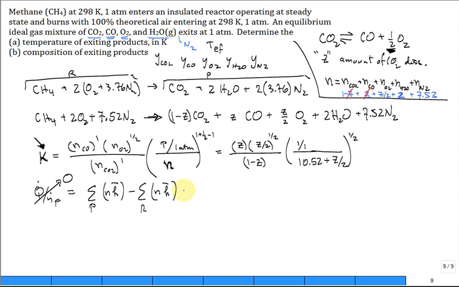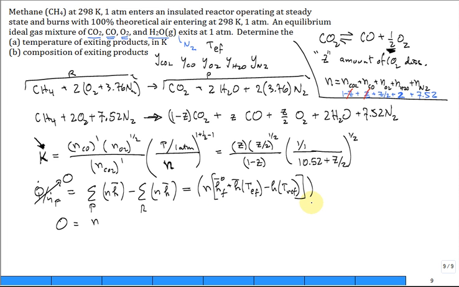So this equation looks like 0 is equal to, let me write it out, okay? The number of moles times the enthalpy of formation plus the enthalpy at the equilibrium flame temperature minus the enthalpy at the reference 298 temperature, all of that for each product.